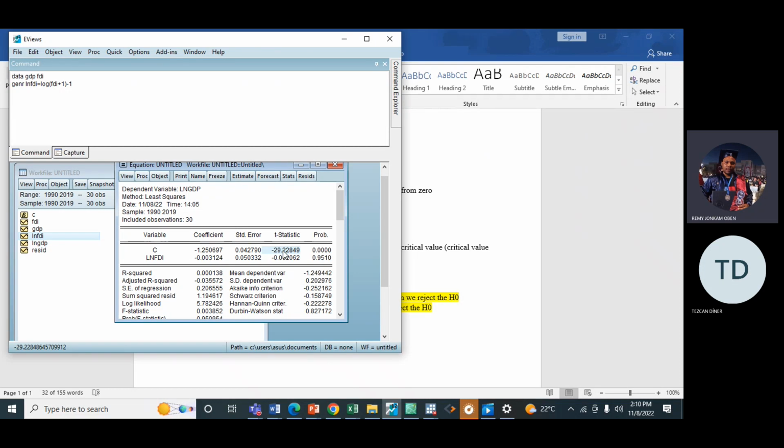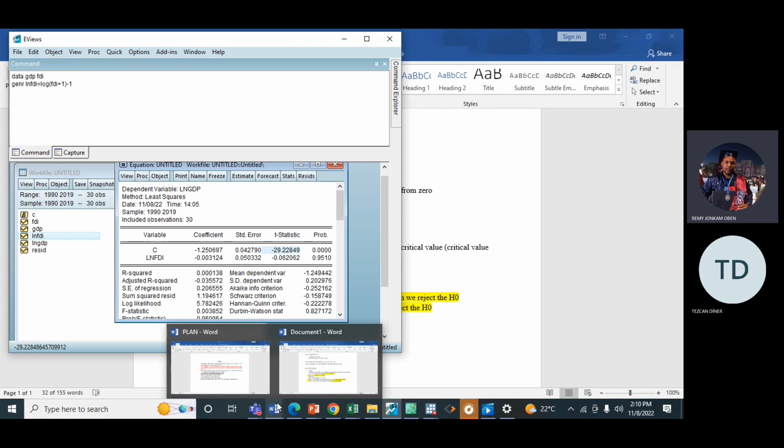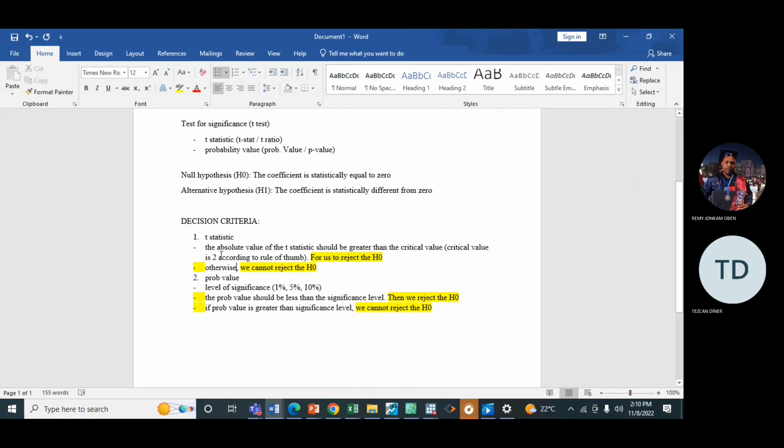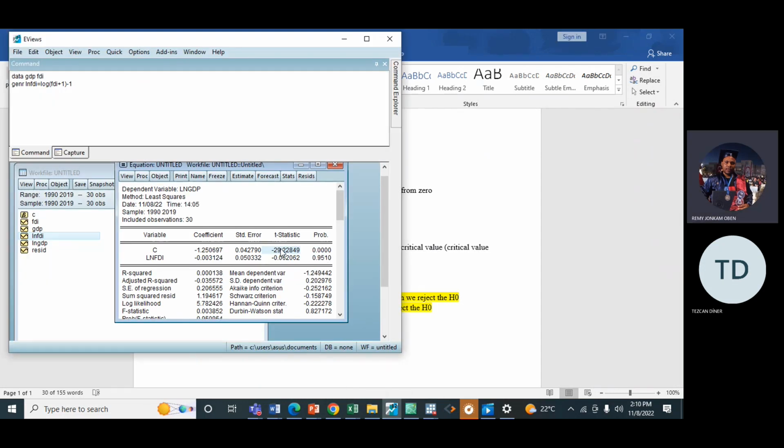So therefore, we can reject the null. Let me come back and show you something. Look at the decision criteria. If the absolute value of the T statistic is greater than 2, then we should reject the null. This 29 is greater than 2, therefore we should reject the null.